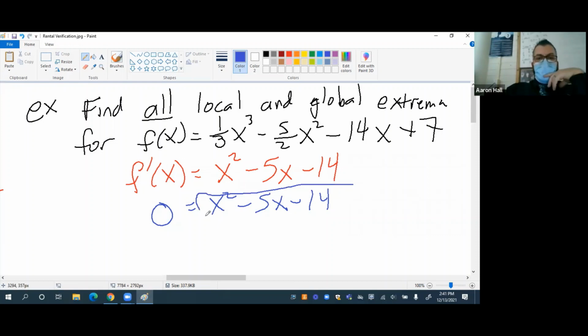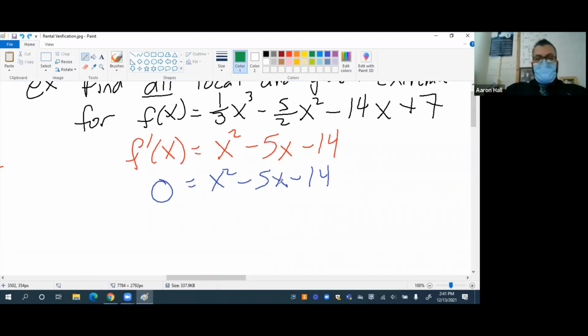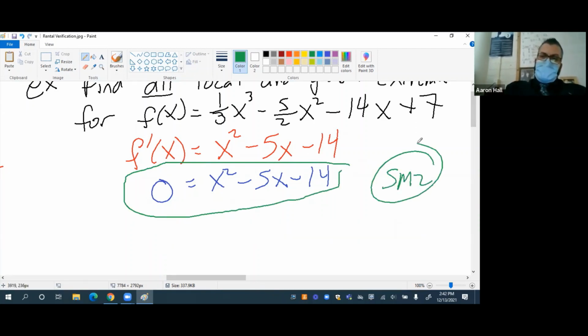Not sure how to solve for x here. There's something important that we learned in secondary math 2. We could use the quadratic formula. We could complete the square. We could factor.